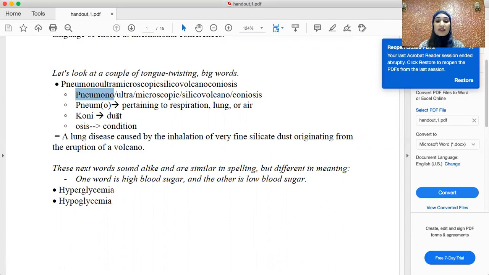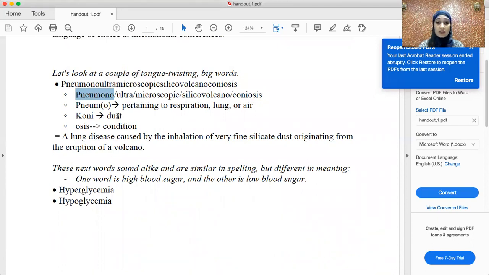Ultra means small, very tiny. Microscopic means tiny as well. Silico comes from silicate. Volcano from volcano. Coni means dust, and osis means condition.